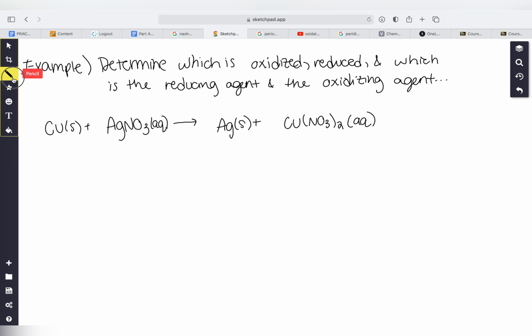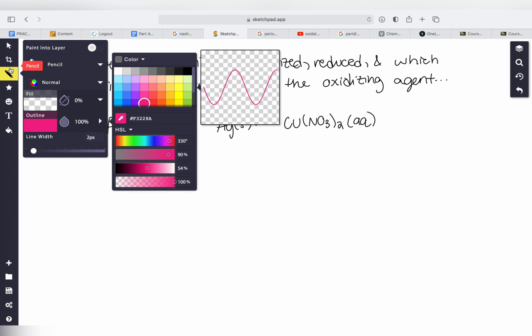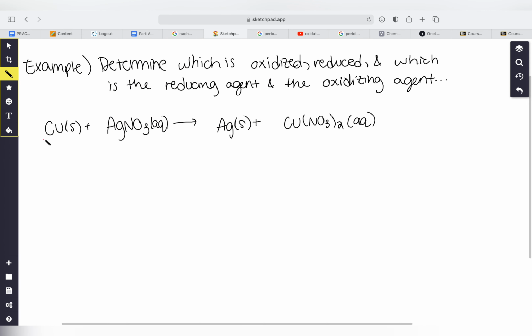I'm going to do this in pink. Those metals that are usually positively charged are here. We're going to look at those charges as they currently stand. We'll write them out: copper and silver.